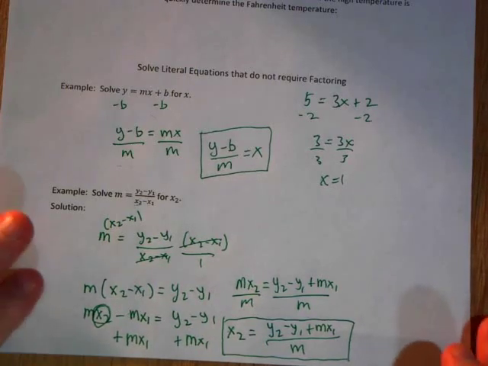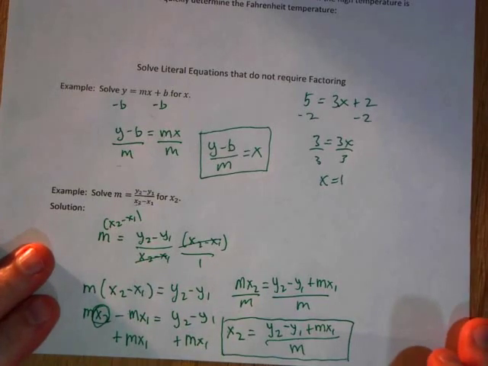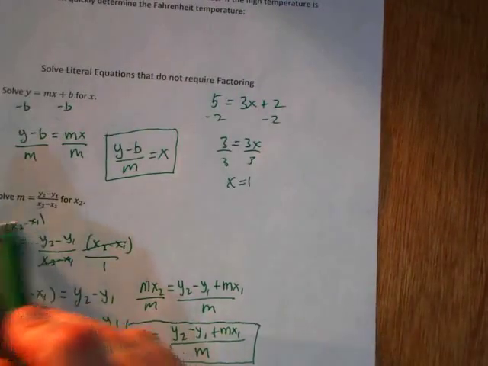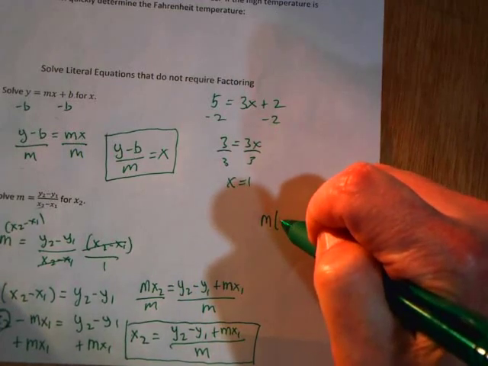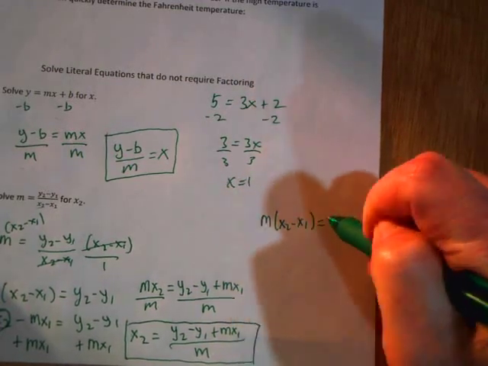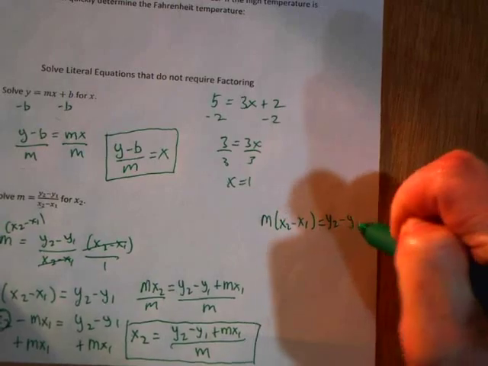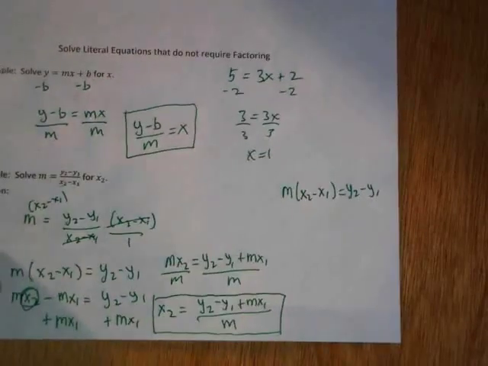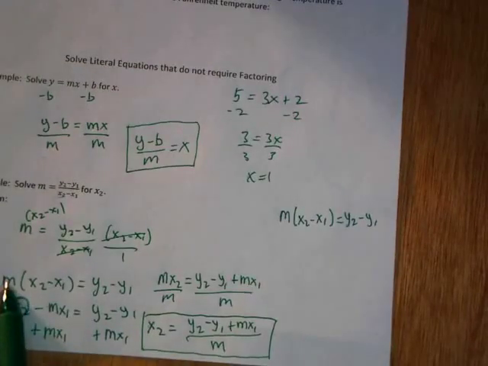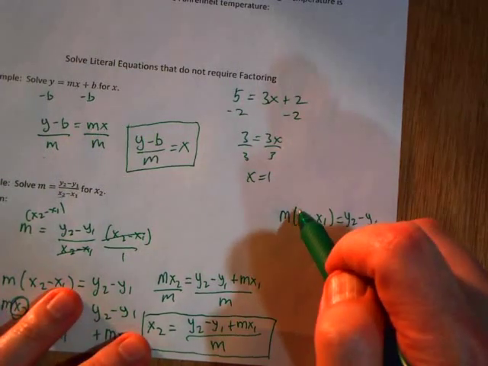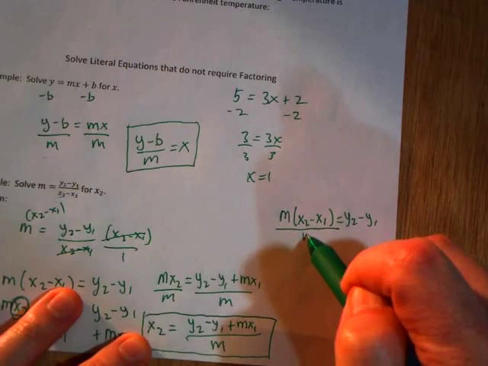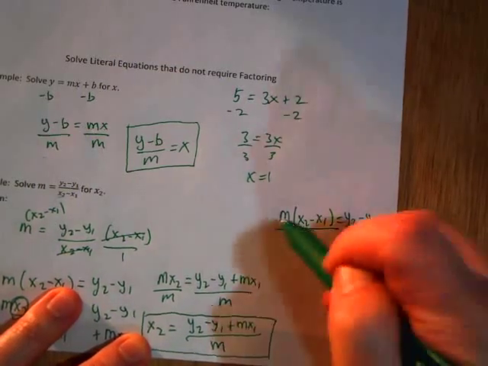All right, now I said there are a couple ways to go on this one, so I'm going to do this one again. After we cleared the fractions, we had m times x2 minus x1 equals y2 minus y1. And I said there were a couple ways to go. We decided to distribute the first time and get rid of the parenthesis. Another option to get rid of the parenthesis would be to do a divide right away.